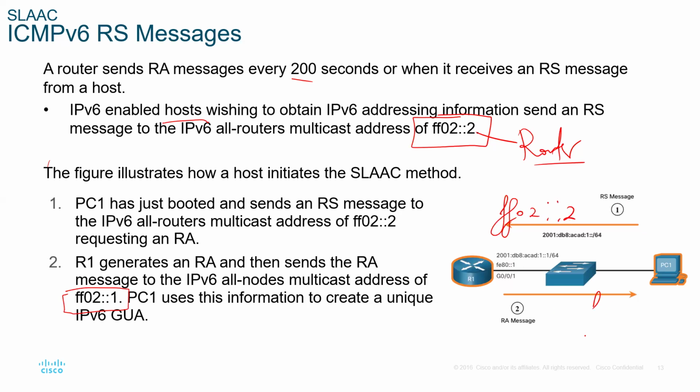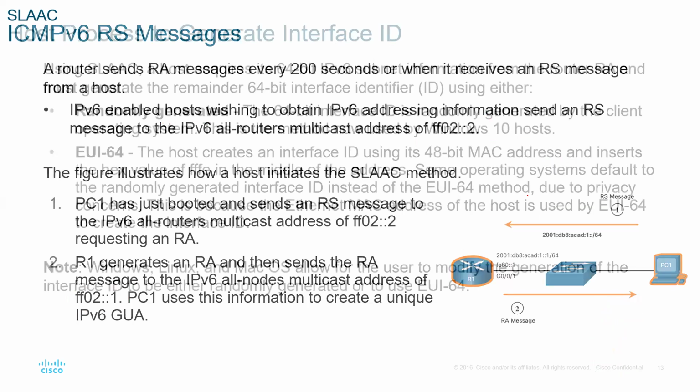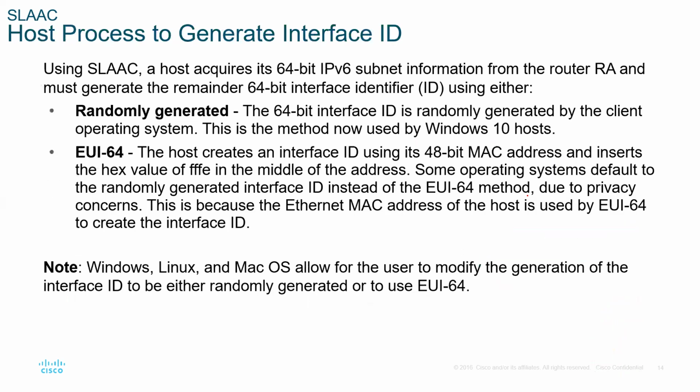Then the response is addressed to this group. This group is the all node multicast, and this group is the all routers multicast group. And basically, those are the RS messages and as well the RA messages that we have.